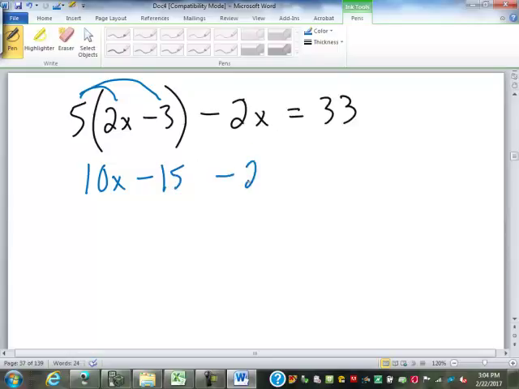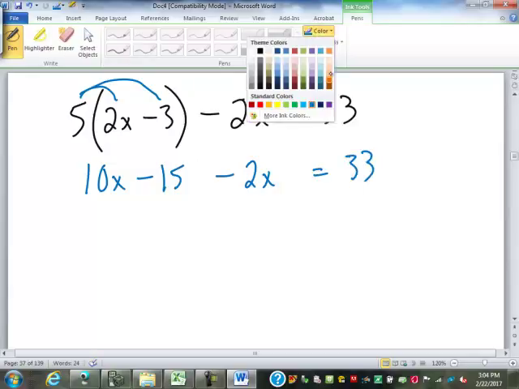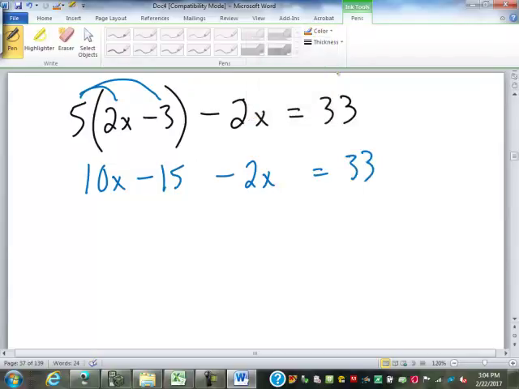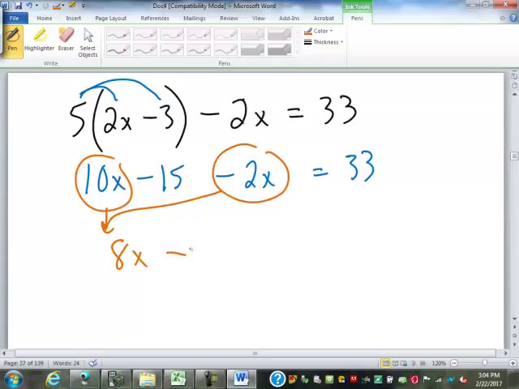Now we still have the -2x over here. What's our next step? Add 15. No, you can combine the 10x and the -2x. Perfect. 10x and -2x make 8x.